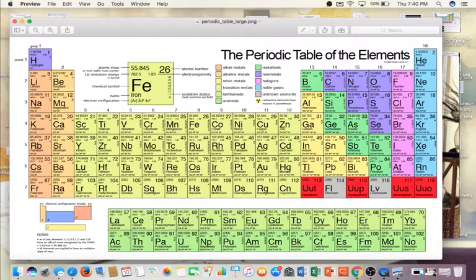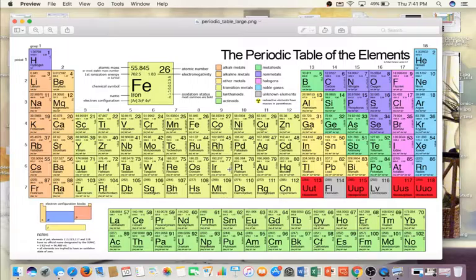So over here in the orange, for your S1 orbitals, right here, all of your S1 is your alkali metals. Next are your alkaline earth metals. And this is your S2 groups. Then right here in the middle, this beautiful little funky light green color is your transition metals.